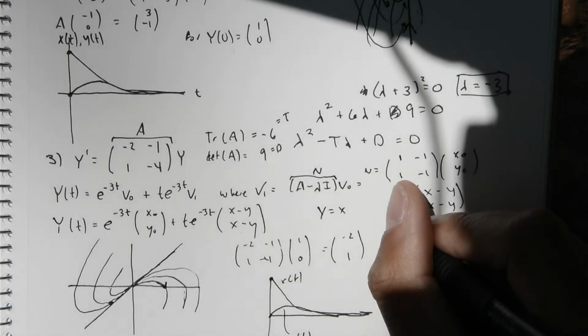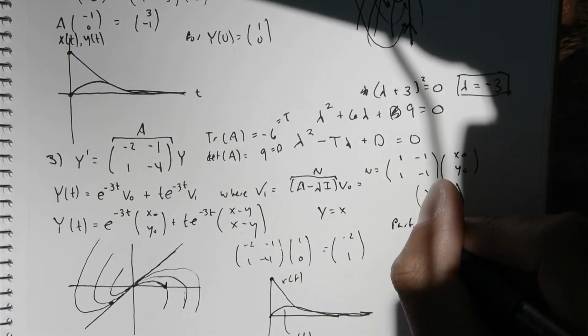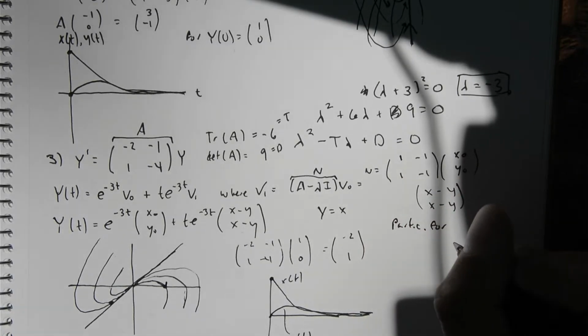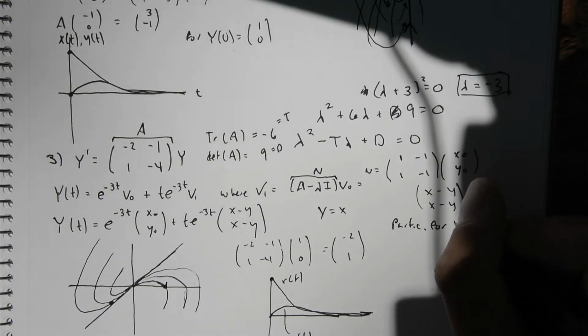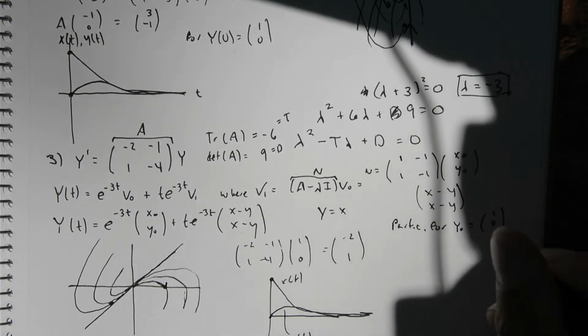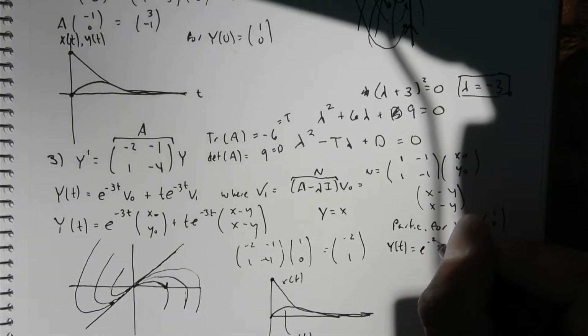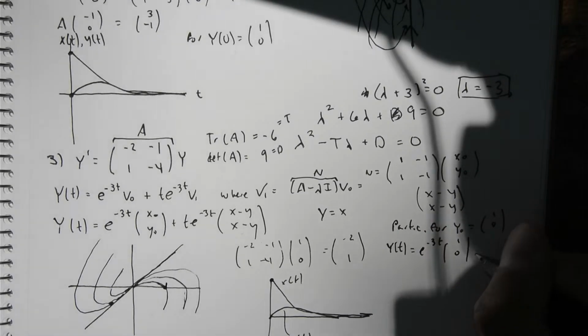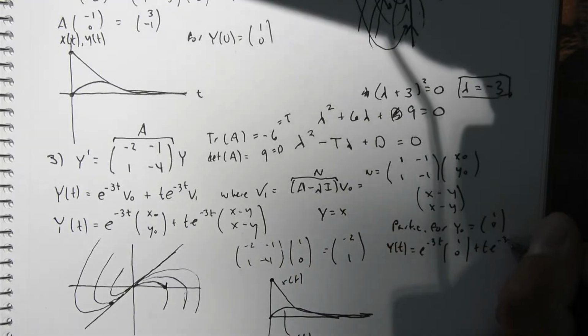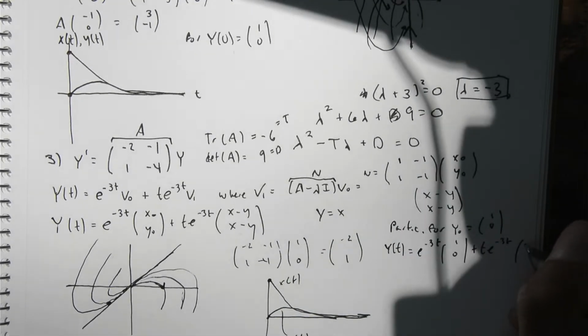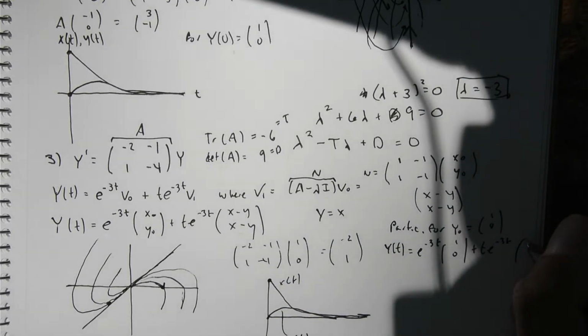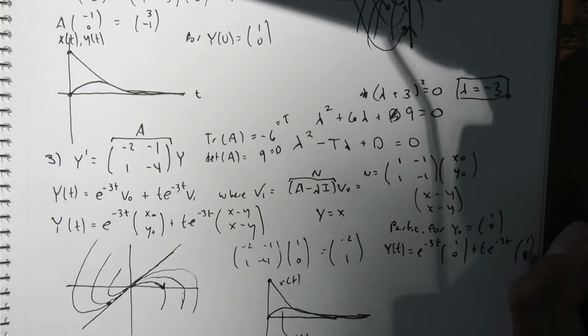So for y0 equal to 1, 0, all we have to do is y of t is equal to e to the minus 3t times 1, 0 plus te to the minus 3t times x minus y, 1, 0. Oh, wait, 1, 1. 1, 1.